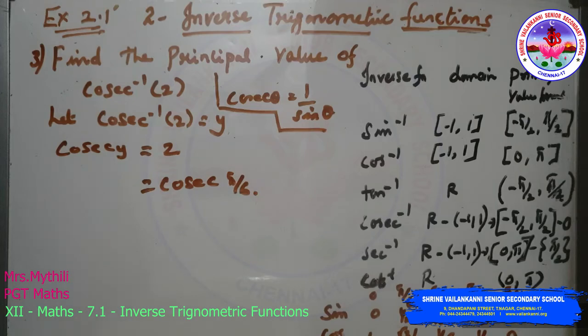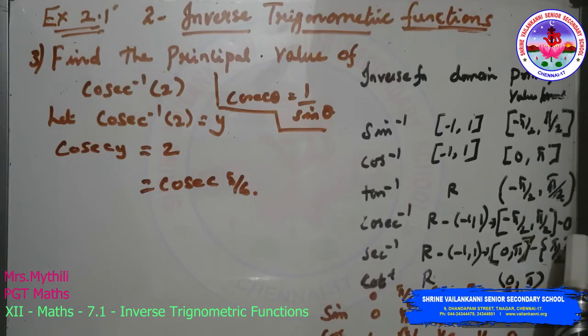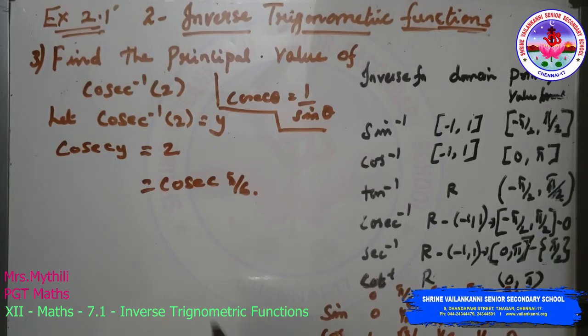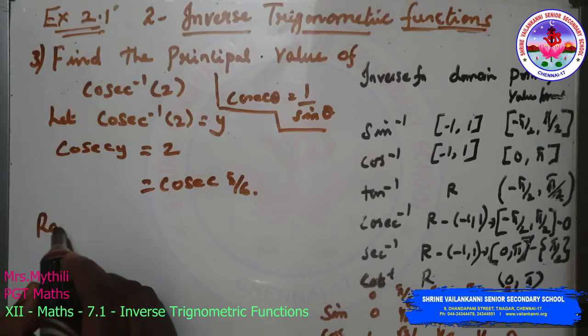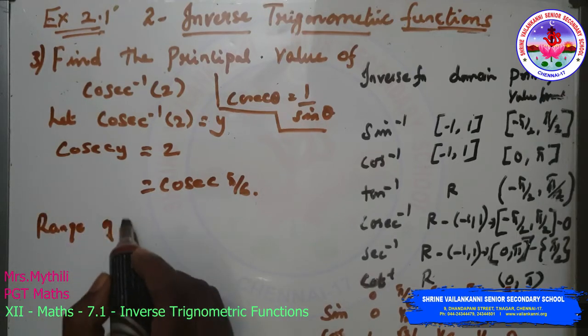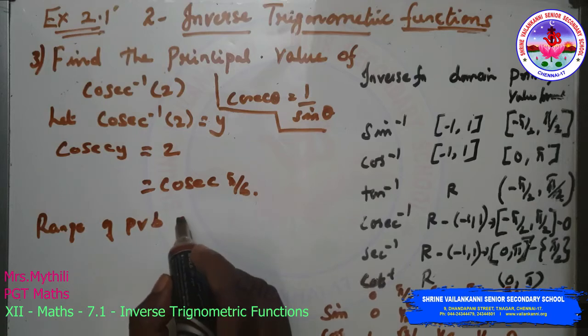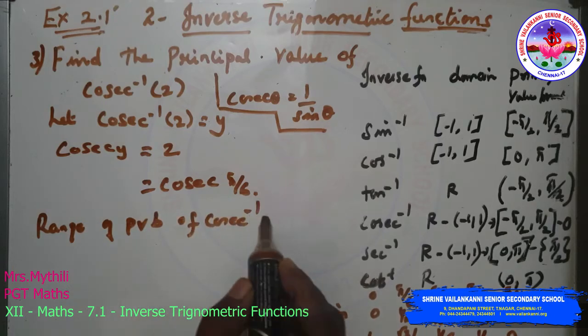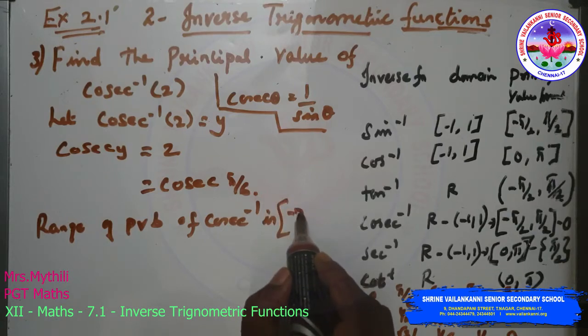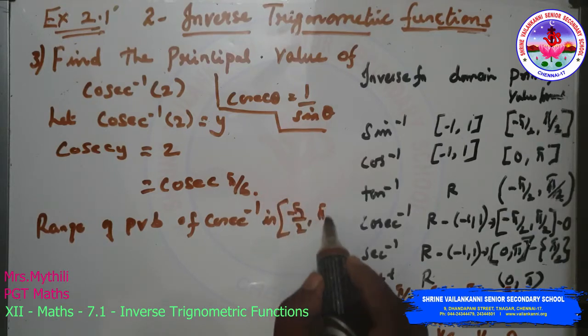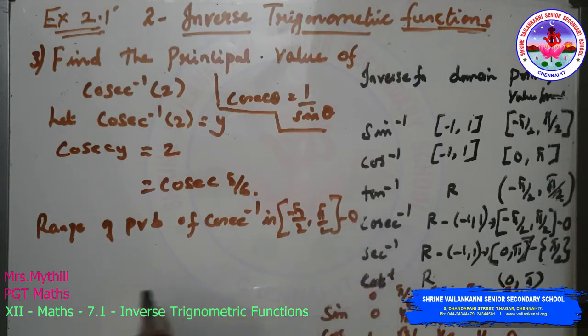The range of the principal value branch of cosecant inverse is minus pi by 2 to pi by 2, excluding 0.